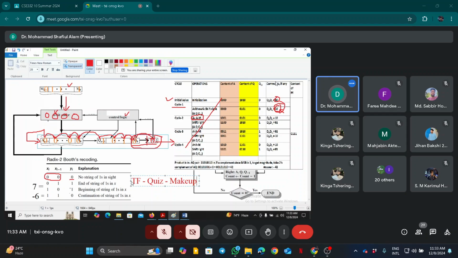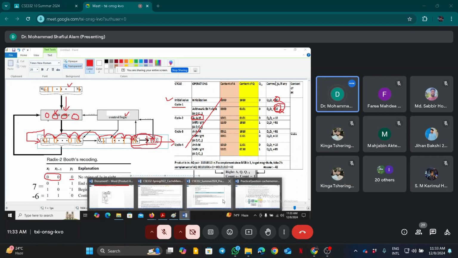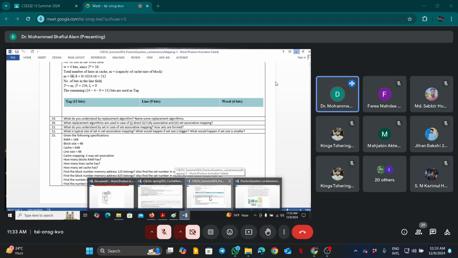I can announce tonight, or as soon as possible, right? But it's likely you have to answer one question from both algorithms, and another question from cache memory, cache mapping, as mentioned earlier, like this, right?